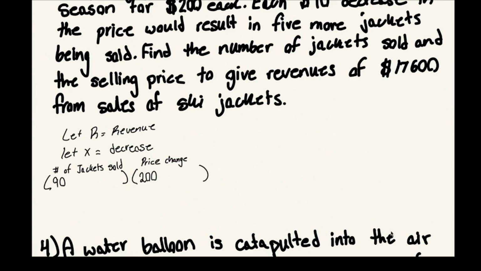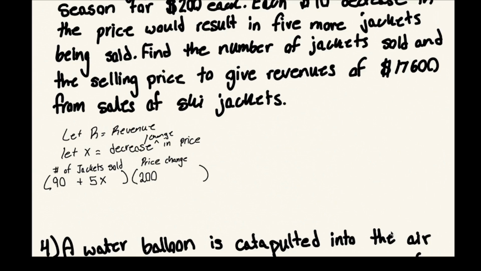Well, that's being affected if the price goes down by 10 each time, because each time you're going to add 5 more. So it's going to be plus 5, but not just 5, 5x. The reason it's x is because of the decrease, or change, in price.